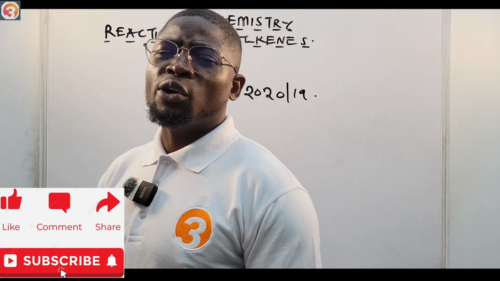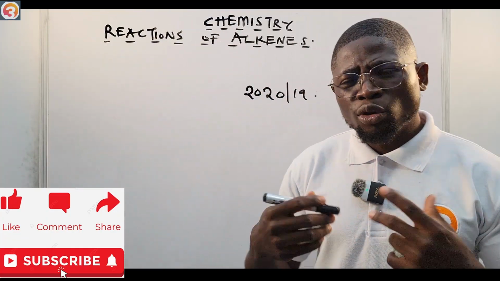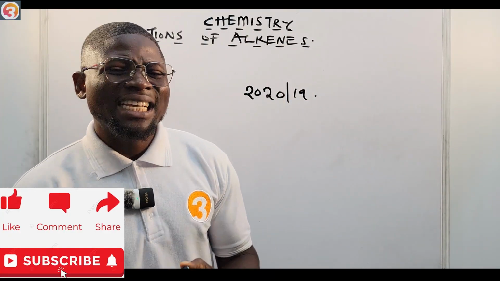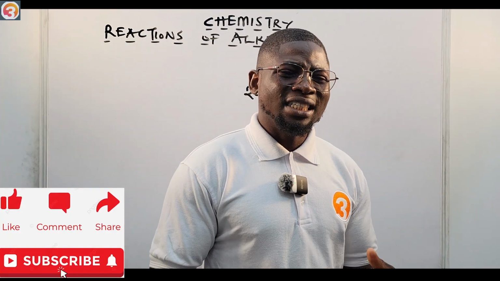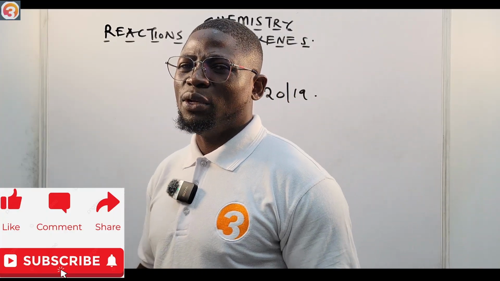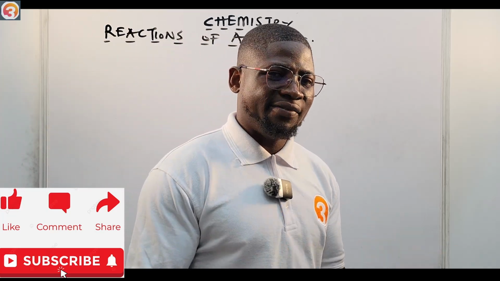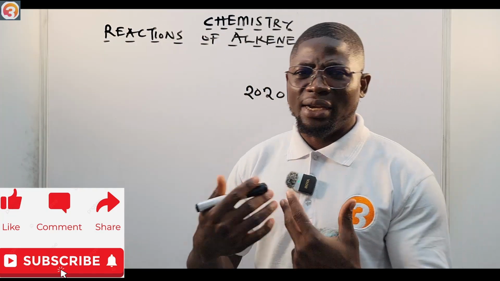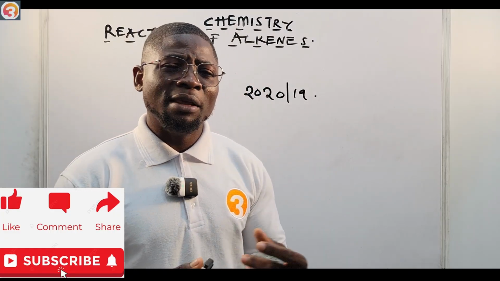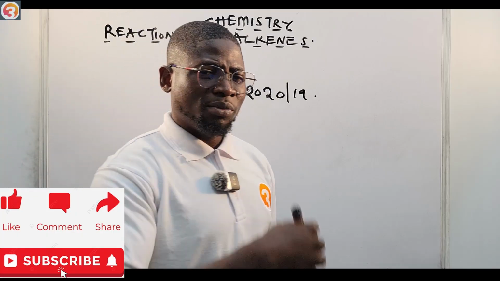They will undergo a lot of addition reactions, which in most cases convert them to alkanes, or in other cases convert them to other compounds, depending on what is being added. So we're going to be looking at the addition reactions of alkenes first, before we go to the substitution reaction. Then we'll go to the cleavage reaction, which is a very important reaction that we need to look at, which is ozonolysis. Let's just go to the board.